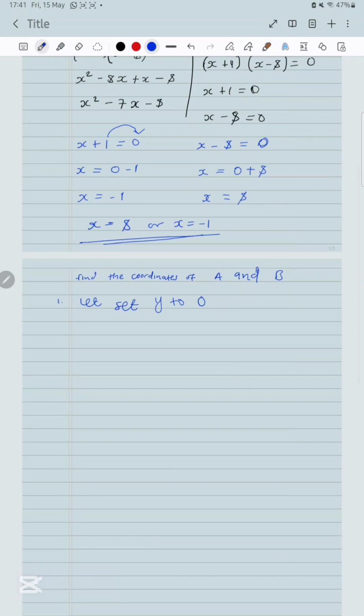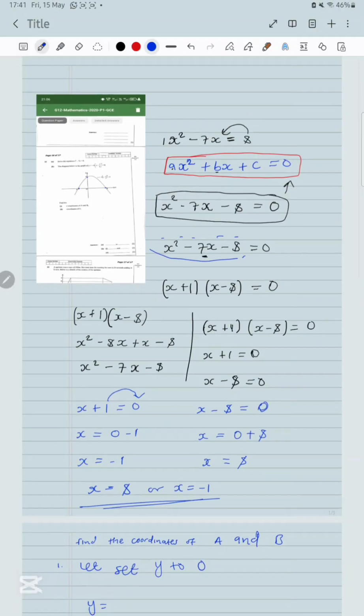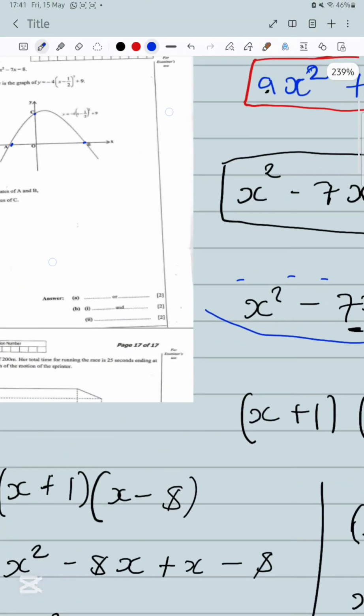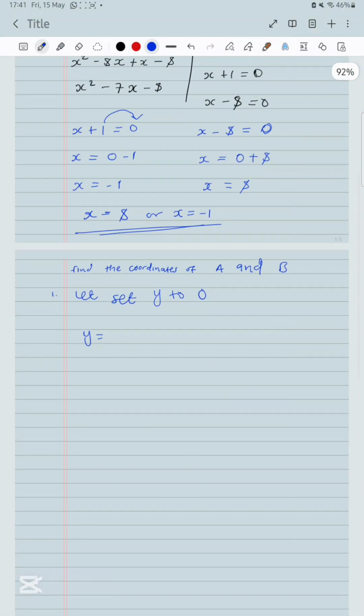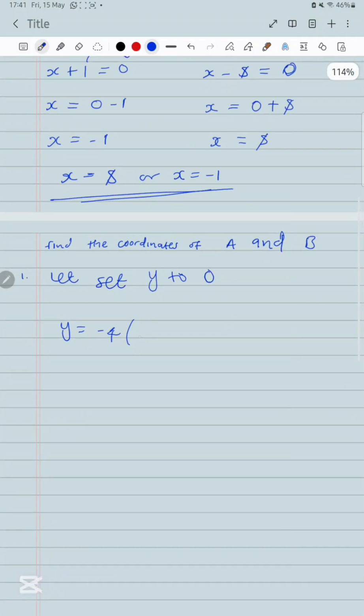Our y equation is y equals negative 4, open bracket, x minus 1 over 2, squared, plus 9. But we want to set y equal to 0.